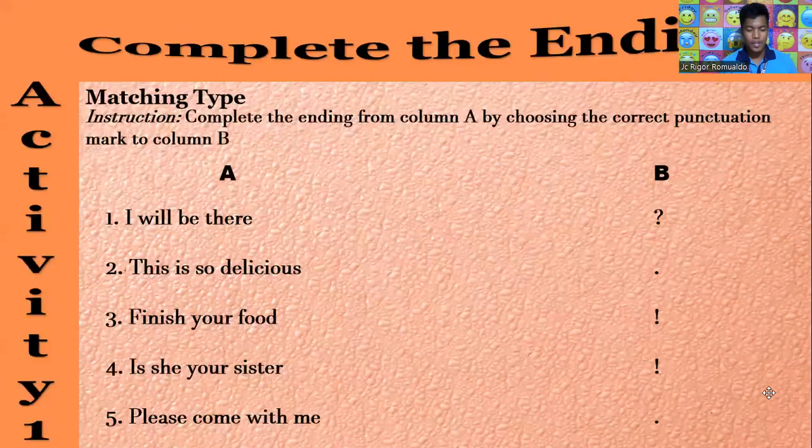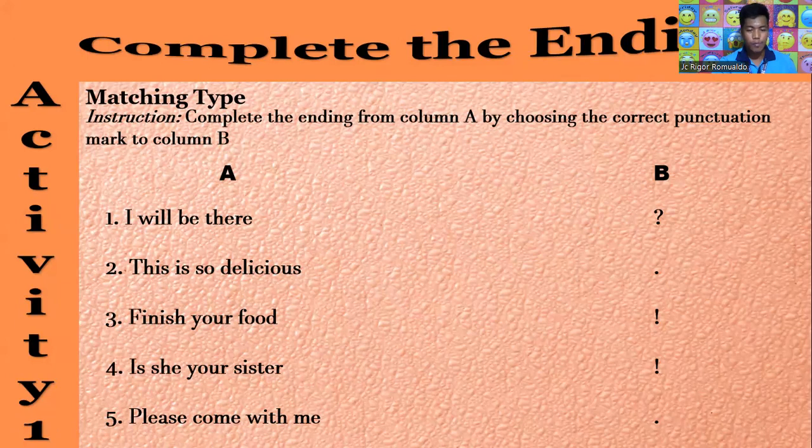Okay, very good. But before we proceed to the proper lesson, let me have a motivational activity. This is entitled Complete the Ending. This is a matching type. Let me read the instruction.